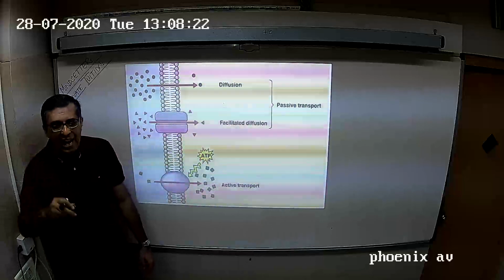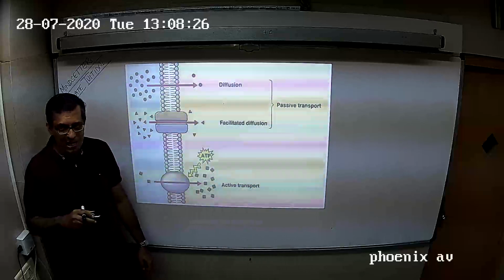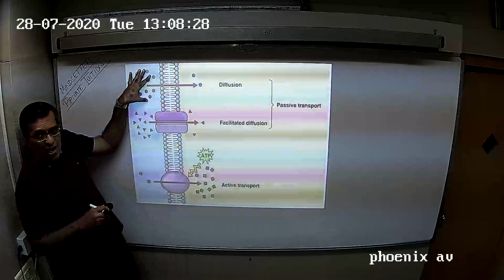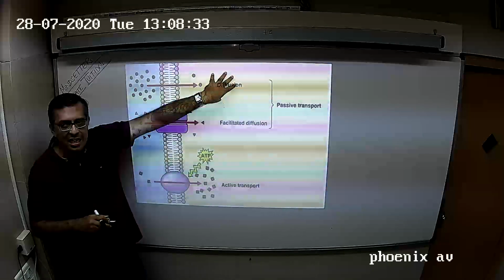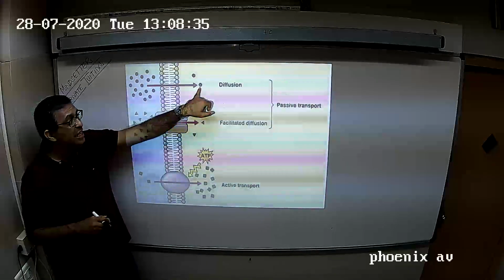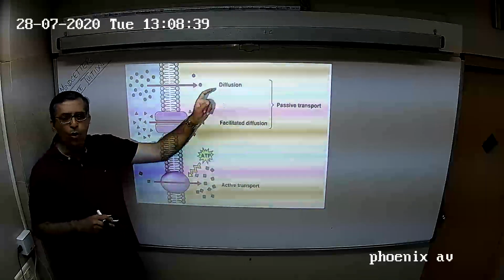You have done this in chemistry in school. Any substance which passes from its own high concentration to its own low concentration is called diffusion. Food undergoes diffusion.